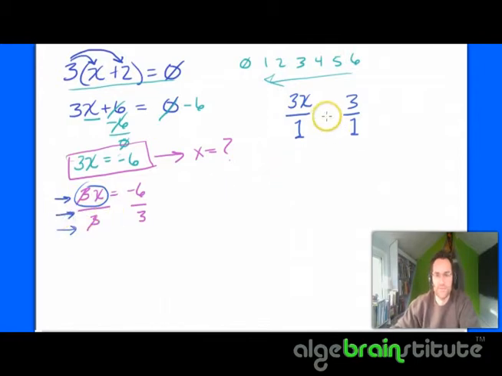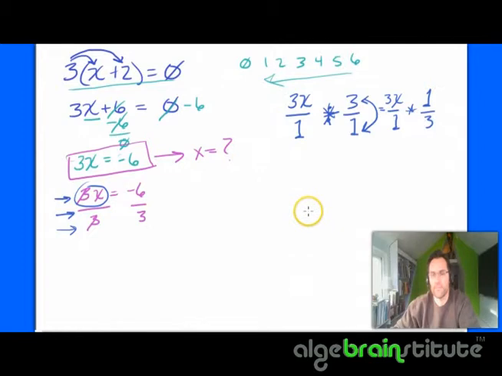This is a division sign, so we'll put a division sign right here. This is the same as 3 over 1, so we put 3 over 1. Now, when we divide fractions, we just switch to multiplication, flip the second fraction, and multiply straight across. So we end up with 3x over 1 multiplied by 1 over 3, and we just said that 1 is the multiplicative identity.